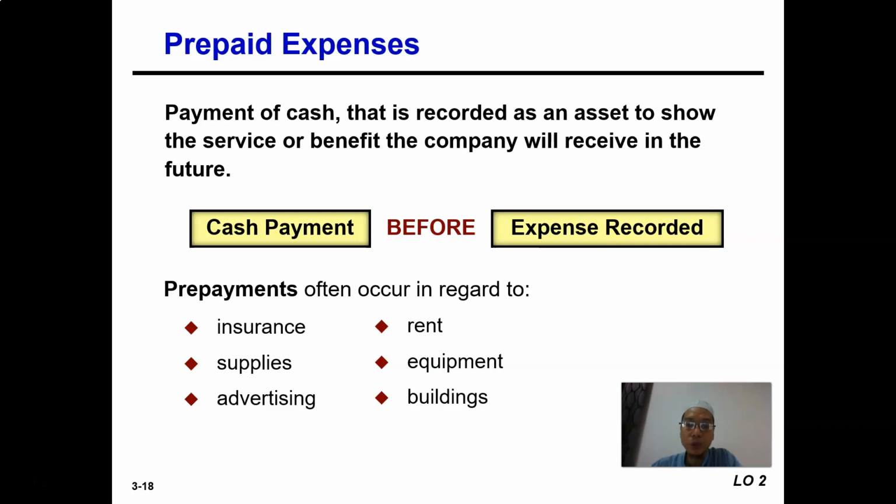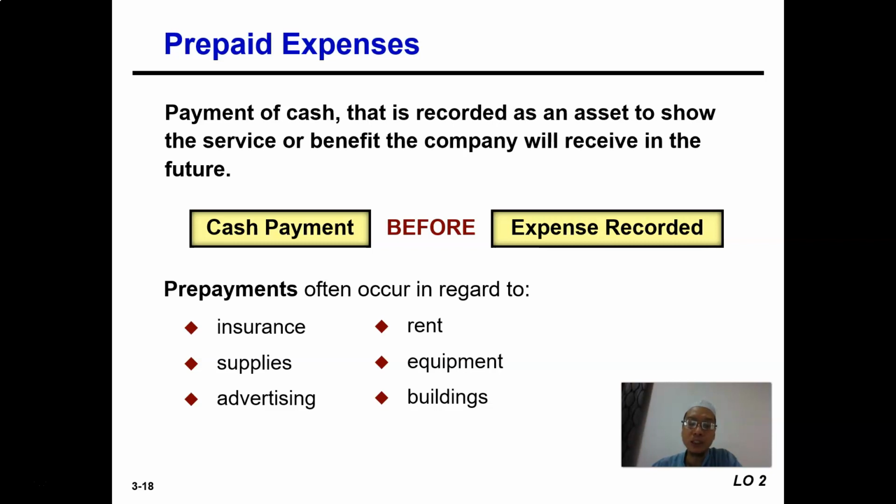For example, you have paid your rent to stay in college from September until August next year, but you are still in September of the previous year. When you pay your rent in September, you are expecting to receive the benefit of your payment across 1 year.